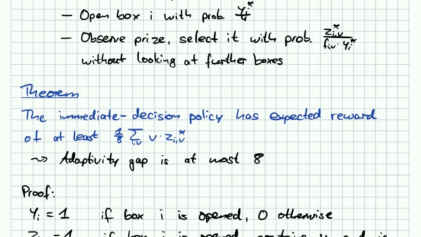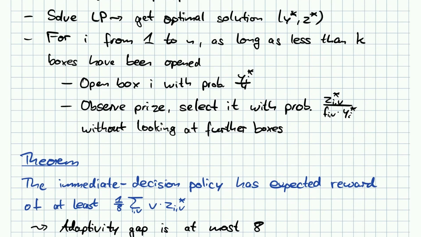Well, let's maybe go back to how we do these things here. Suppose that our for loop actually reaches iteration i. Then we open the box with a certain probability, and then we see the prize inside, and then we select it with a certain probability.